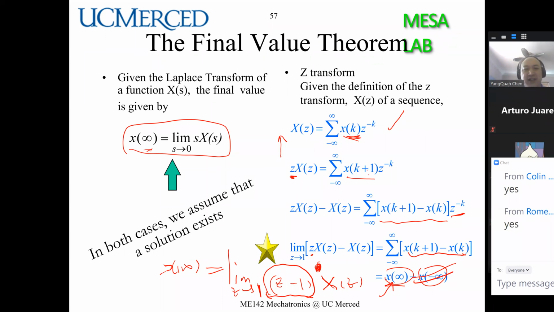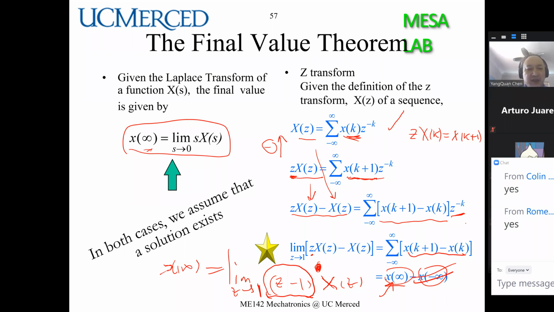That shifts x(k) to x(k+1) according to the rule, because z X(z) corresponds to x(k+1). Then I use this one minus this one, left minus left, right minus right. On the left I have z here and X here, so I insert this one here. Makes sense.